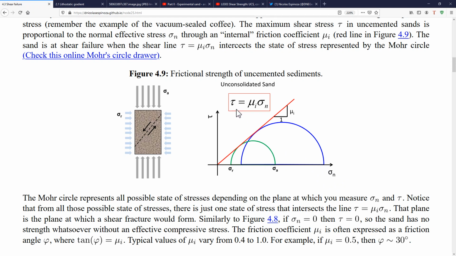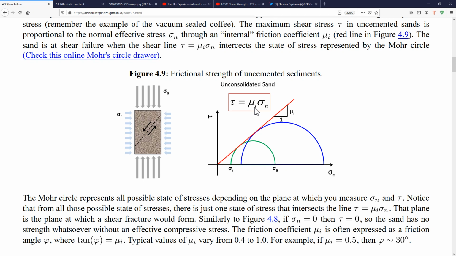And here I also have the line which relates shear stress to effective normal stress through the friction coefficient, and basically tells me that the shear strength of the material is going to be proportional to the friction coefficient and the effective normal stress. Remember that the shear strength is the maximum stress that the material can take, in this case a shear stress. And this line is this line that I see over here. The slope is the friction coefficient.